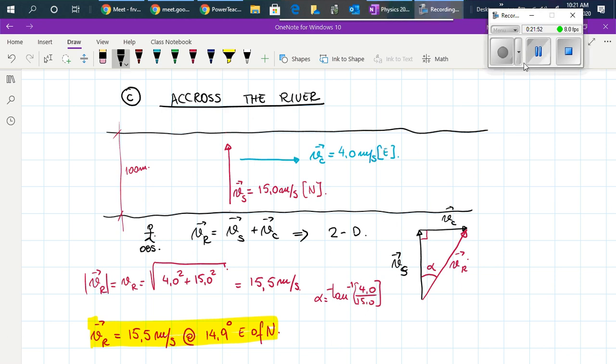Now, in this situation, what is happening is the swimmer is starting at a point here, point A, and is heading straight across at a point B. But actually, as an effect of the current, it is ending up at a point C.